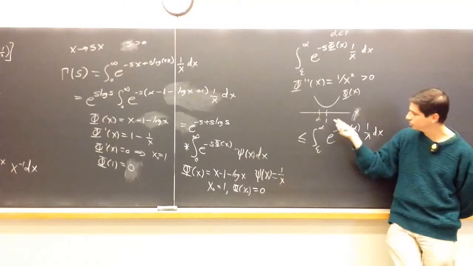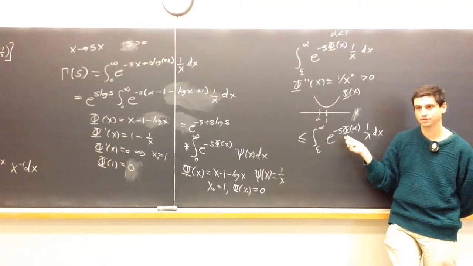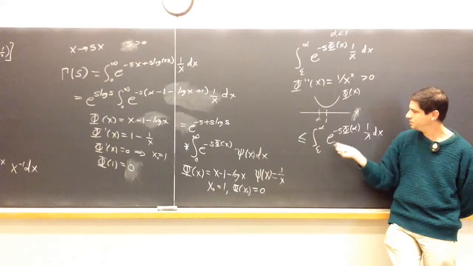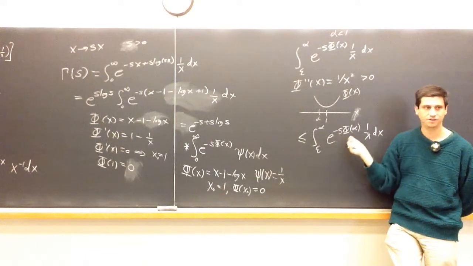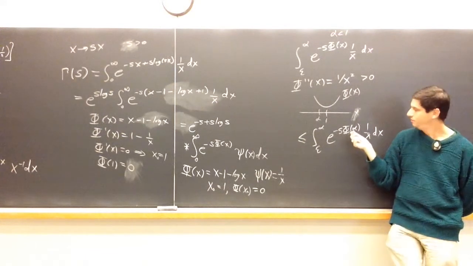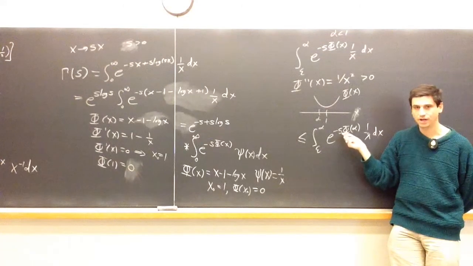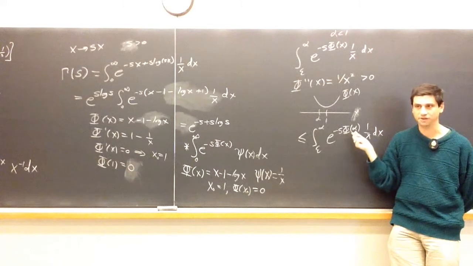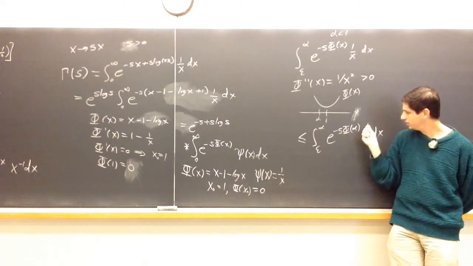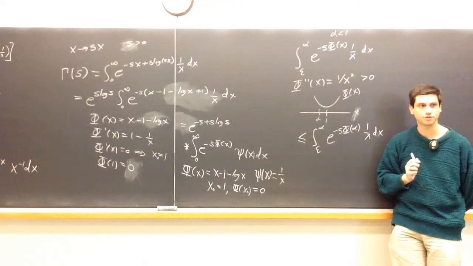And so if we wanted to look at what the contribution of this would be, this is going to be an extremely large negative number as s goes to infinity for any fixed alpha. How large could 1 over x be if I integrate over this region?